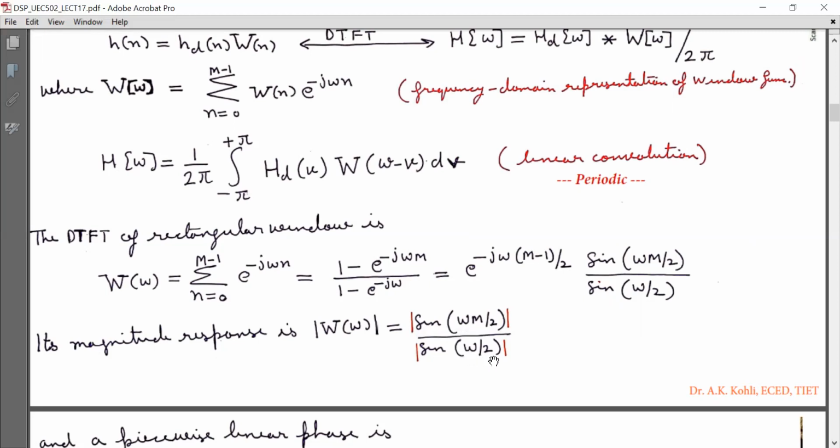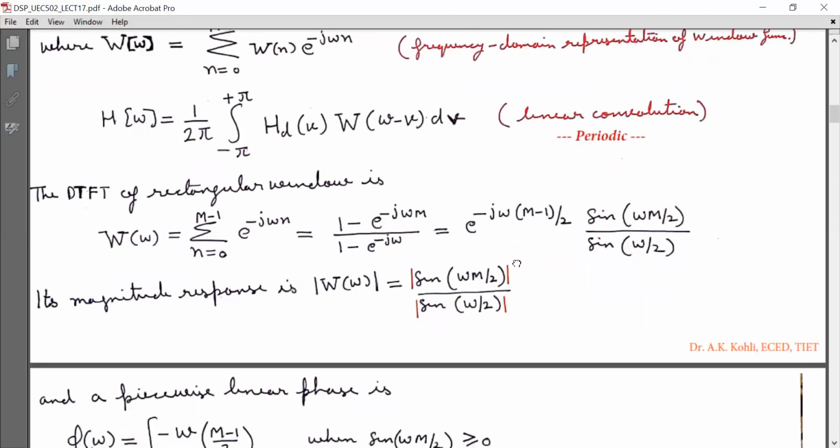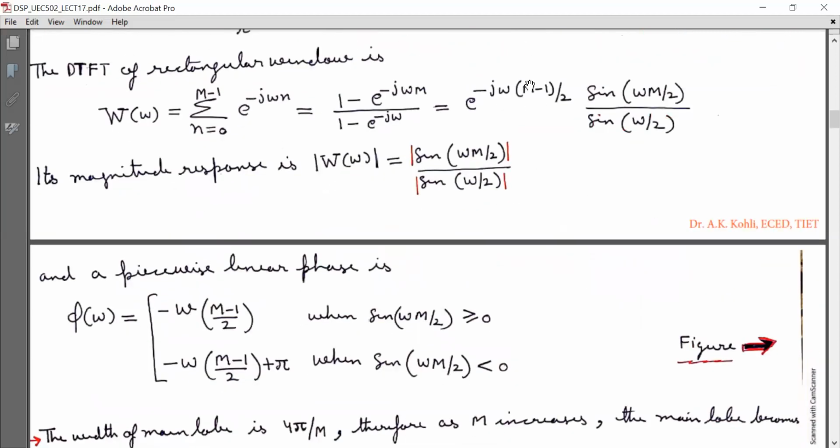Now its magnitude response is the magnitude of sine(omega M/2) divided by the magnitude of sine(omega/2), as shown, and from this we get the phase information. The piecewise linear phase corresponding to the rectangular window is phi(omega) equal to minus omega (M minus 1)/2 when sine(omega M/2) is greater than or equal to 0, and minus omega (M minus 1)/2 plus pi when sine(omega M/2) is less than 0.